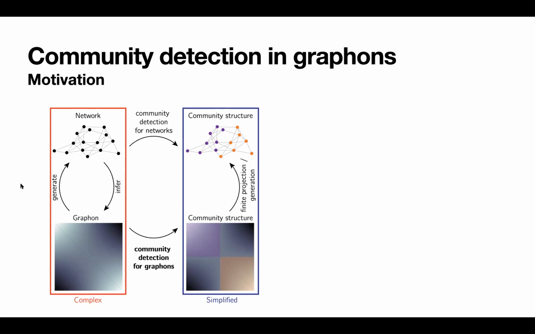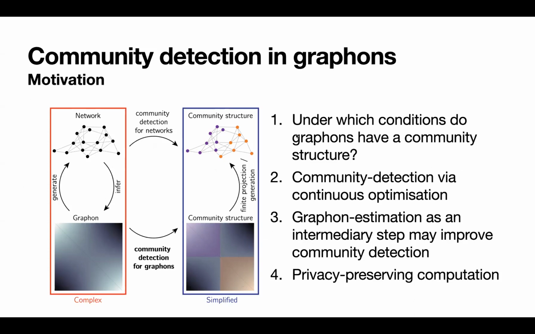There are a couple of further motivations which I want to talk about. First of all, under which conditions do graphons have a community structure at all? Then, something we figured out while we worked on this project is that the continuous functional form of a graphon can be used to define a continuous optimization problem, which is basically a fresh view on the community detection problem.